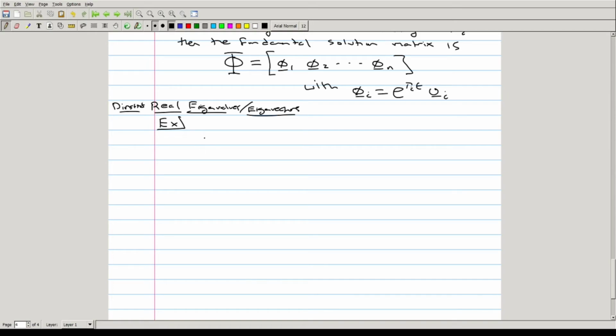So this will be the differential equation: x prime is equal to the matrix 0, 1, negative 2, negative 3 times x.